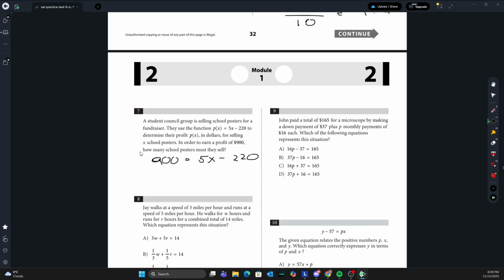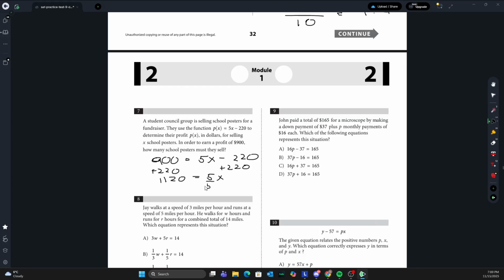Now the question asks, how many school posters must they sell? Where x is the number of school posters. So all we need to do now is solve for x. We'll add 220 to the left-hand side and add 220 to the right-hand side. That gives us 1120 is equal to 5x.